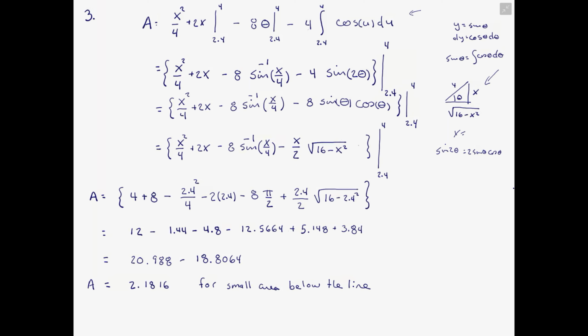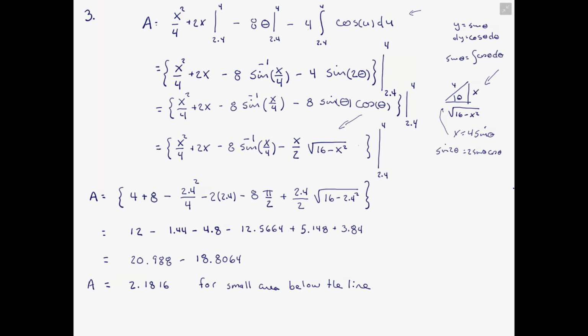We said that x equals 4 sine theta, and we go back to our right triangle, and we derive the sine of theta and the cosine of theta in terms of x, and we come out with a full function here.